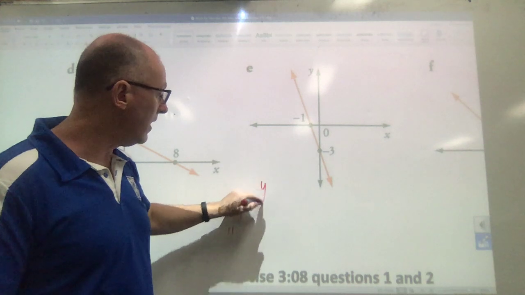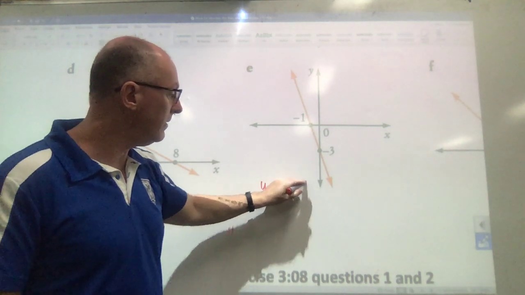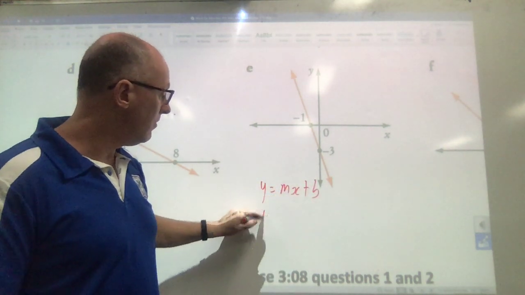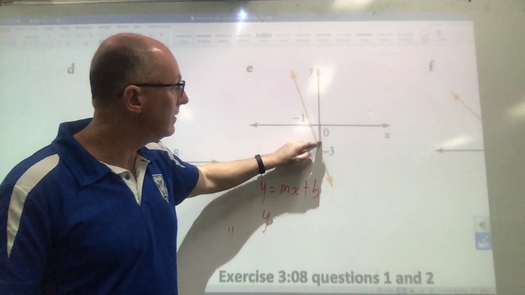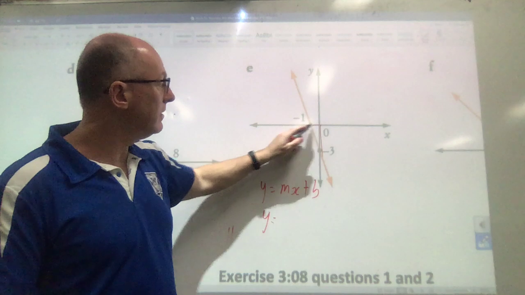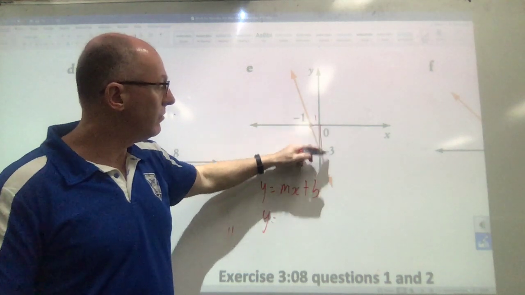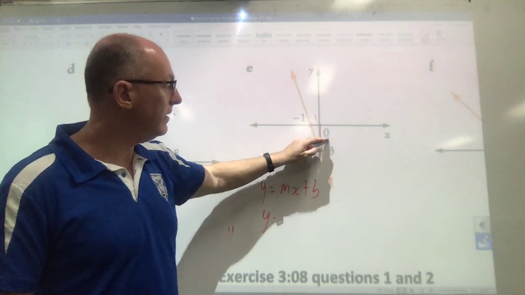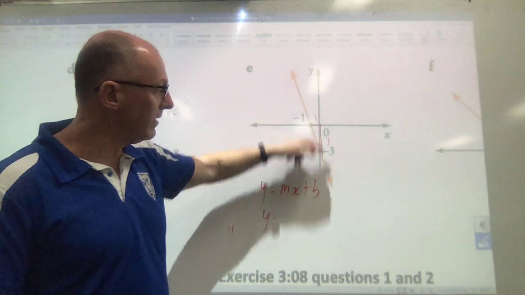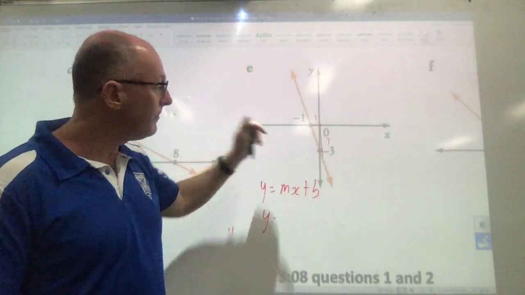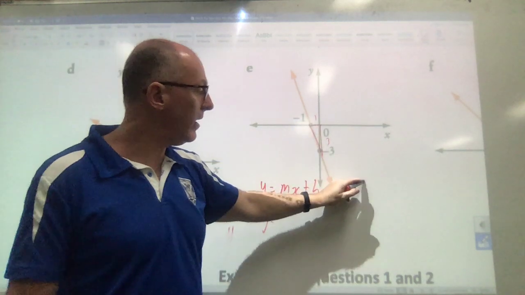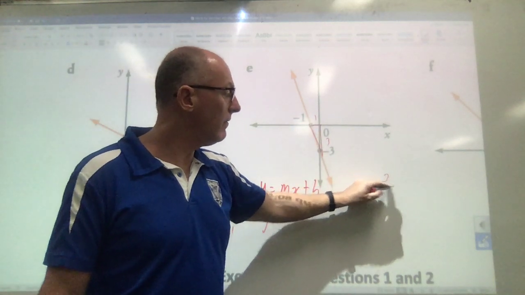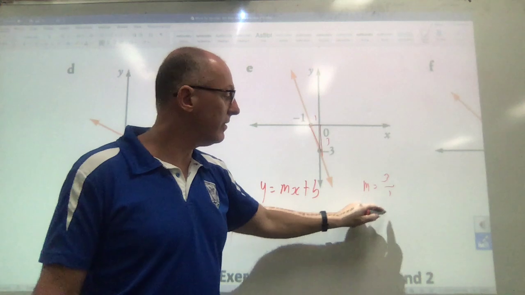Okay, next one, y equals mx plus b. Let's find the gradient. Gradient equals rise over run. Let's draw a triangle in here. The run is 1. The rise is 3. Don't worry about the negative. It's gone down 3. So in our triangle here, 3 divided by 1, the gradient is 3.